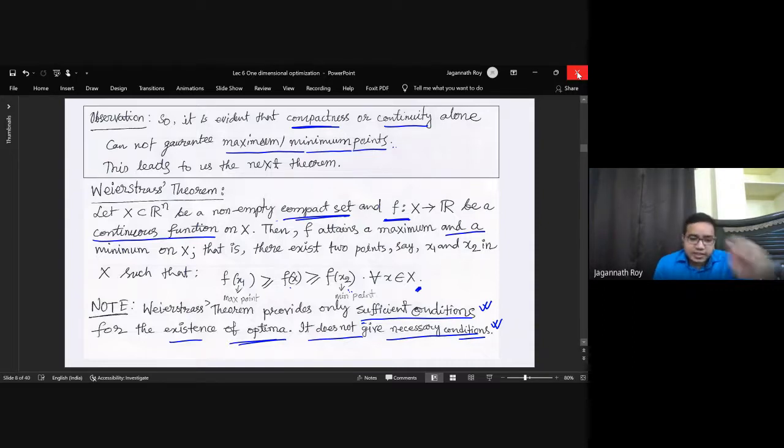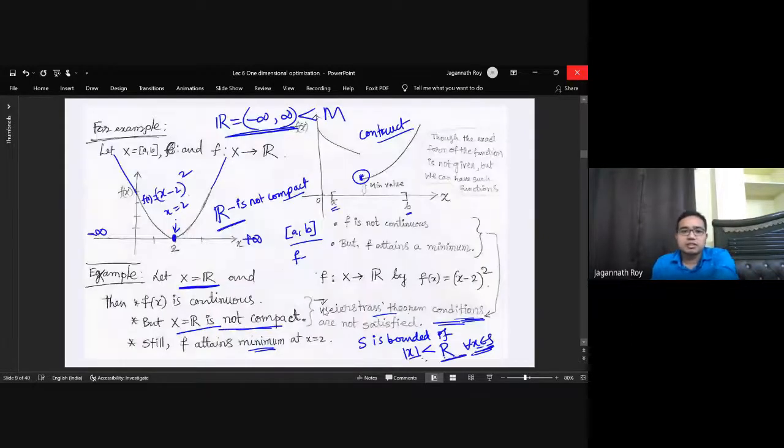It is only saying that if these two conditions, continuous and compact, are satisfied, then it will admit the minimum and maximum. They are not necessary conditions, remember? These are only sufficient conditions. There are situations where the set is not compact, but we can still find the minimum point.